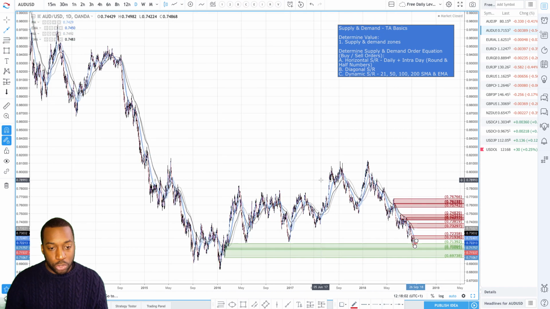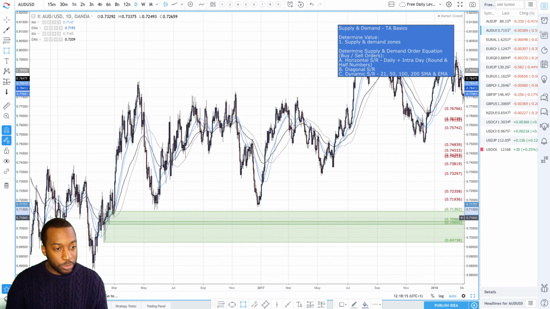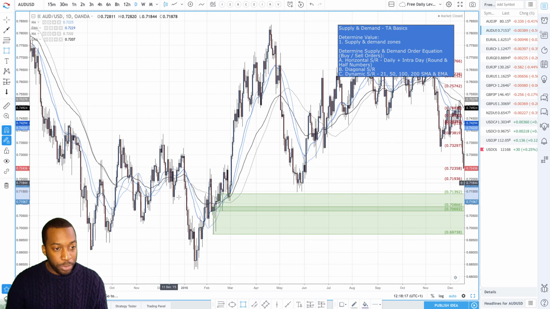From a horizontal perspective, horizontal support and resistance, there is a little bit, but it's right there, but it is quite choppy. You can see it when I zoom in a little bit.